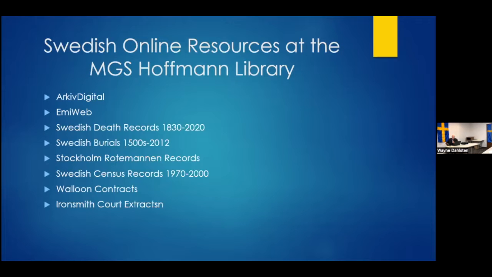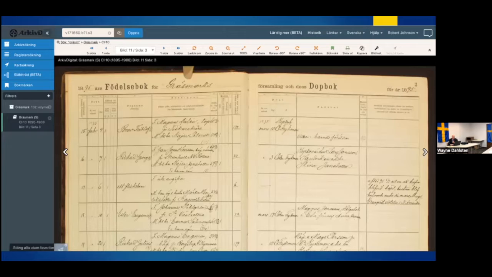We also have access to EmiWeb, which is a collection of databases. Let me show you. This is essentially what ArkivDigital looks like. They're beautiful color images of all of the records that they've gotten.